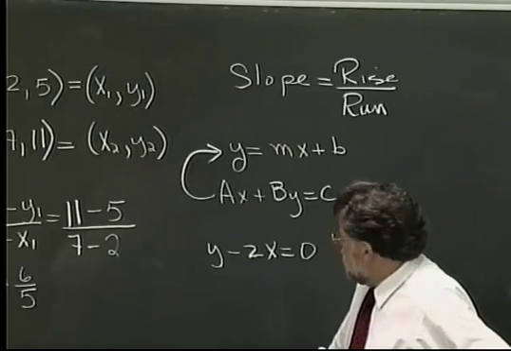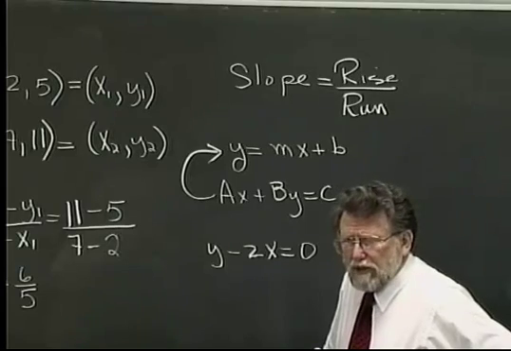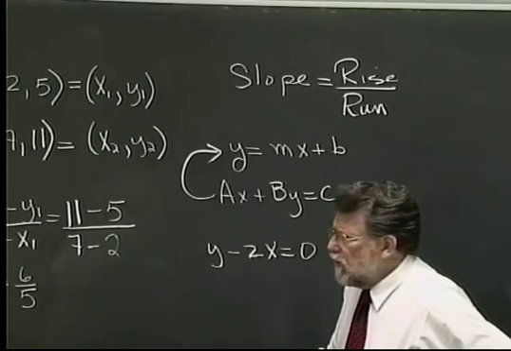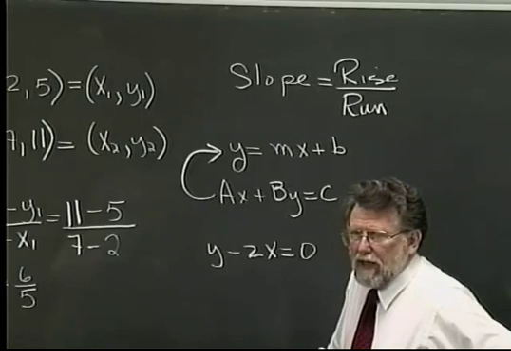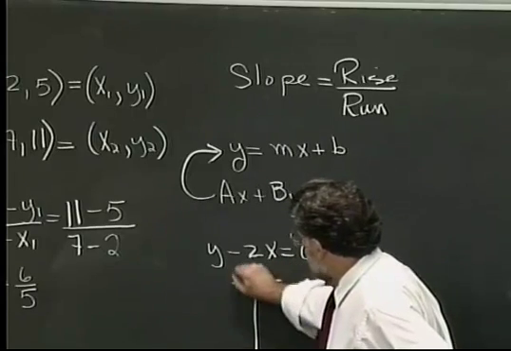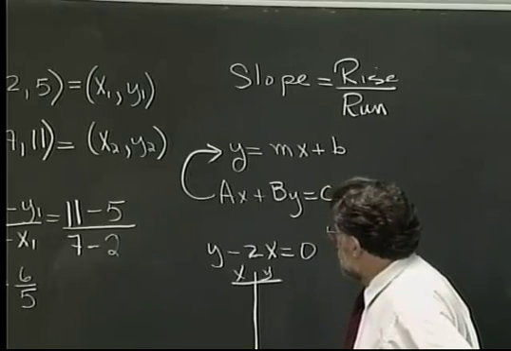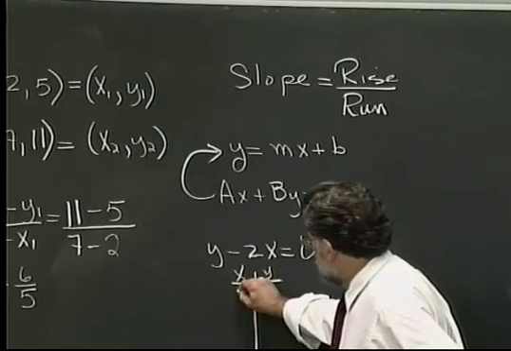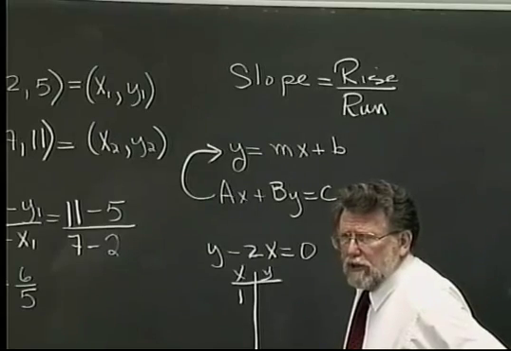Now, you were asked to plot that. As it stands, you can go ahead and just substitute. Some of you were getting a little bit sloppy in your substitution and keeping track of what's x and what's y. So if I make my table with x and y, and I indicate that if x is 1, then y minus 2 must be 0.